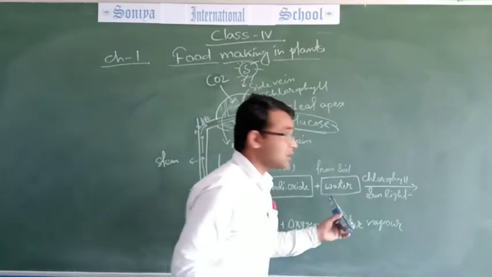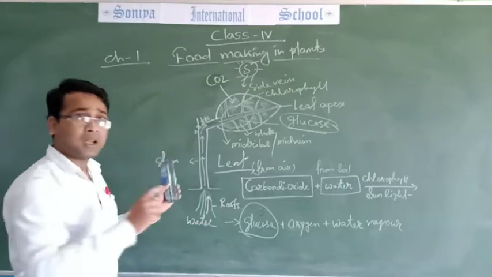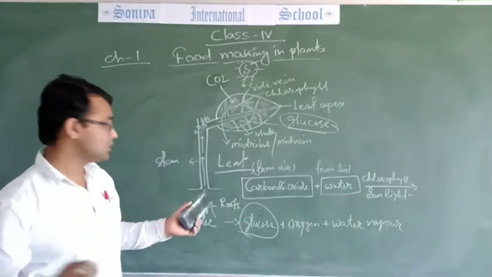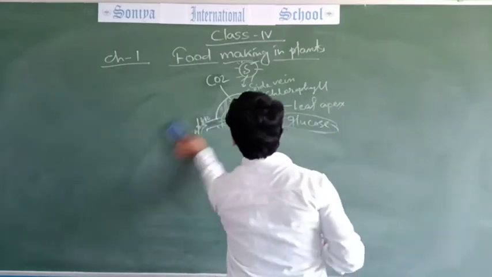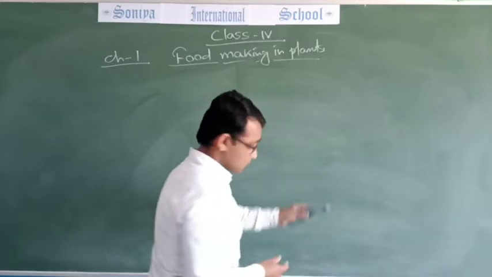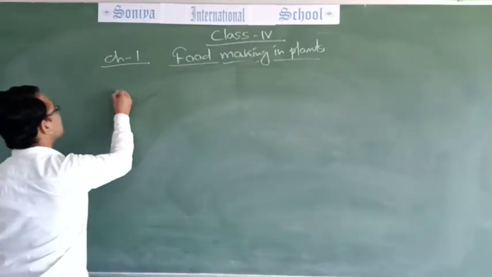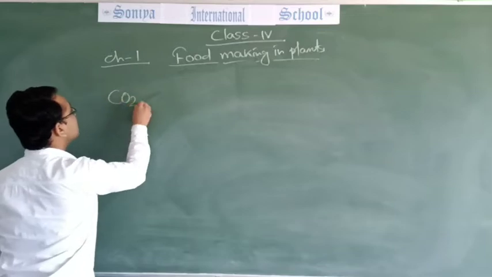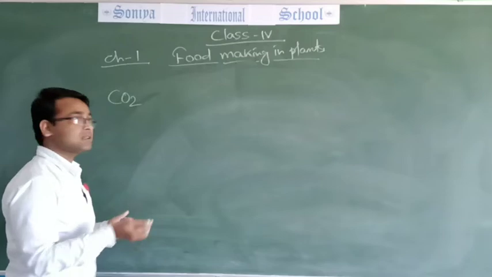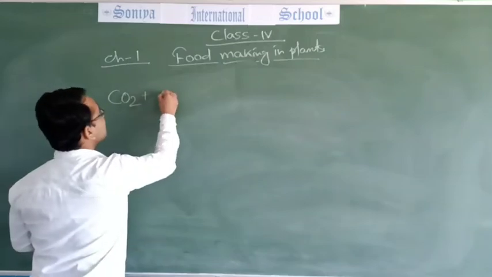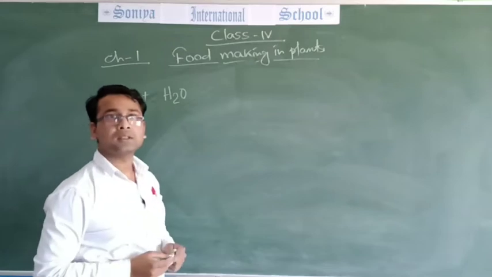This process can be written in another form, as an equation. First of all, CO2, that is carbon dioxide, and second thing, water. Water means H2O. Is that clear? Yes.